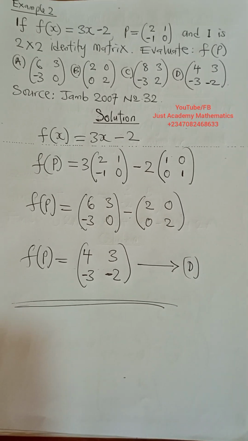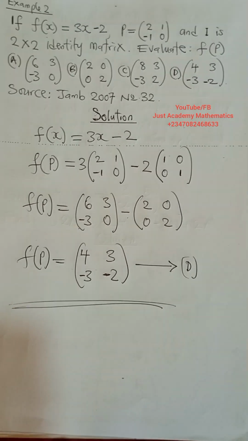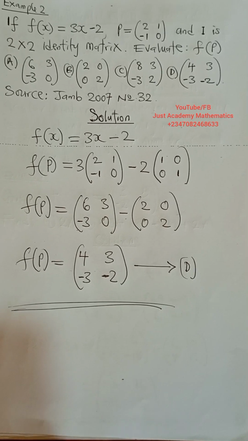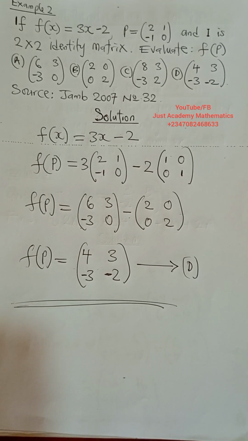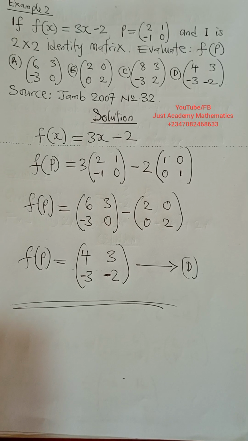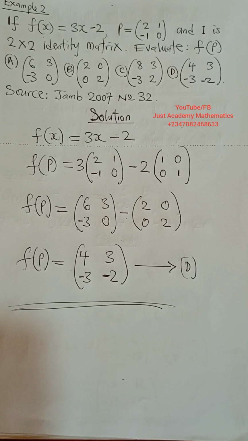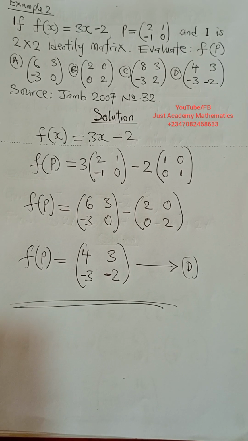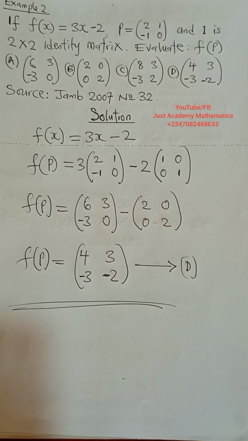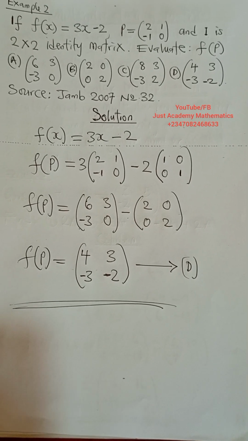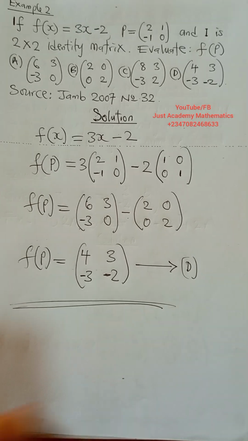If you are given a matrix and you are to add a scalar number, just a digit, what you are to do is to use that digit to times the identity of that dimension. If it is 3 by 3, that number times the 3 by 3 identity before you can add.